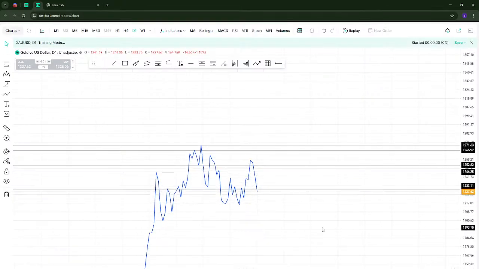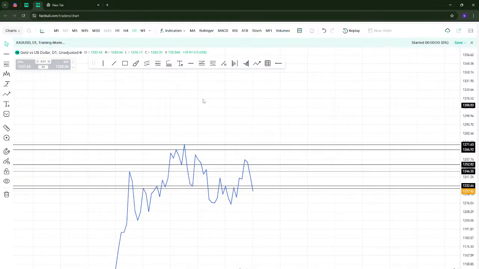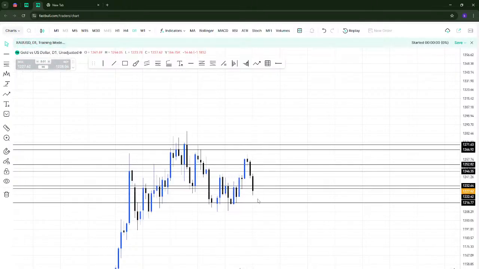You have that one. Okay, this resistance and the difference between this and this. You can see this a bit well defined. Then you can see how that one. So let's go to the daily candles. See how they are aligning themselves. Okay, we have that one.